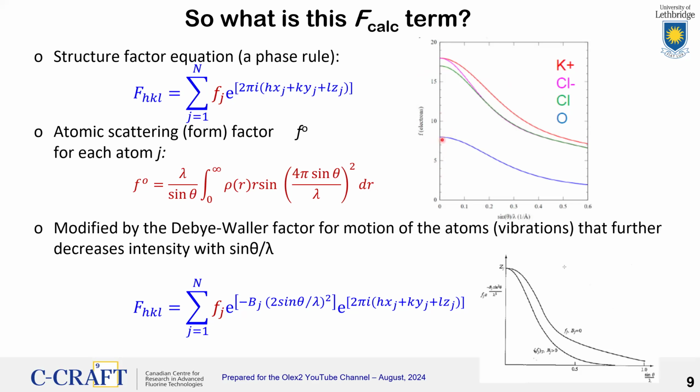Okay, but these curves fall off with increased angle, and you also have to recognize that as you go up in angle of diffraction, you are also increasing the order of the diffraction. So we're going from first order, second order, third order, fourth order, and it's well known in optics that higher order diffractions fall off.